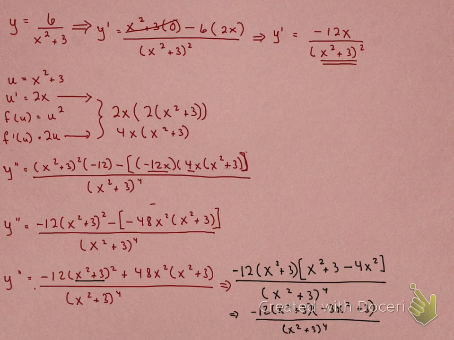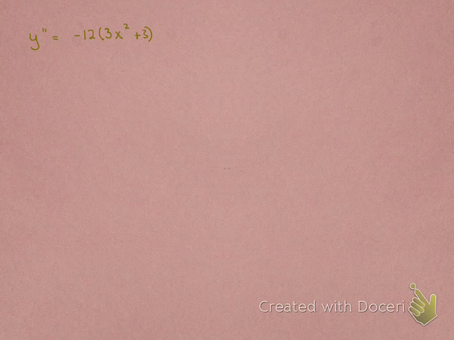So we continue with the simplification in that this x squared plus 3 on the top cancels out one of those on the bottom. And then we are left with the fact that y prime prime is equal to negative 12 times the 3x squared plus 3 all over x squared plus 3 all cubed.